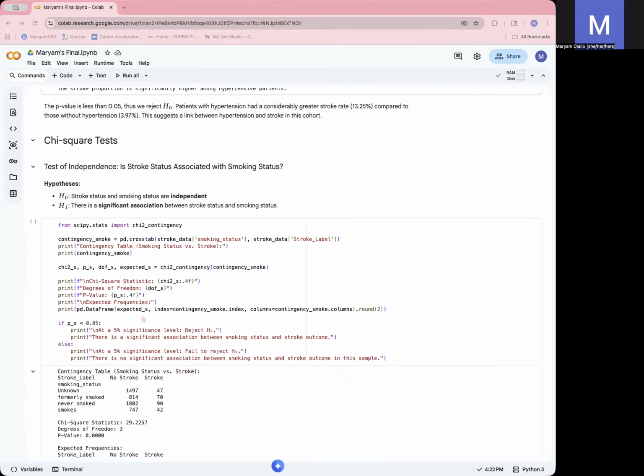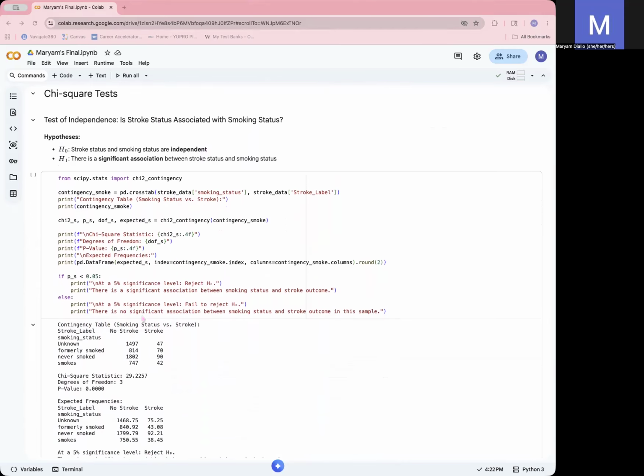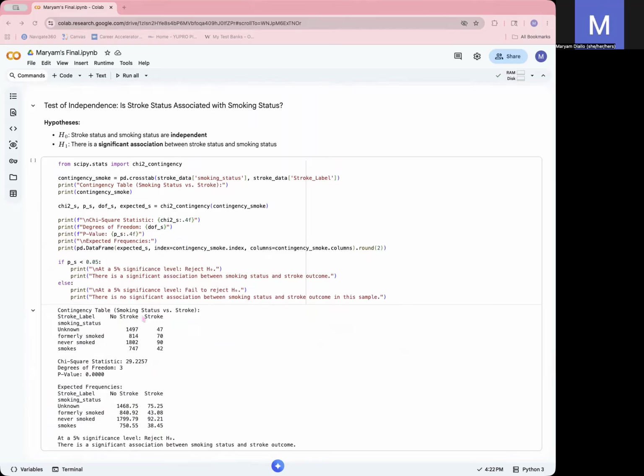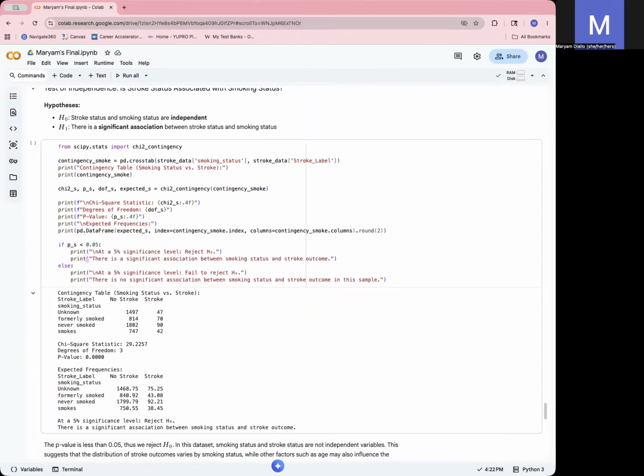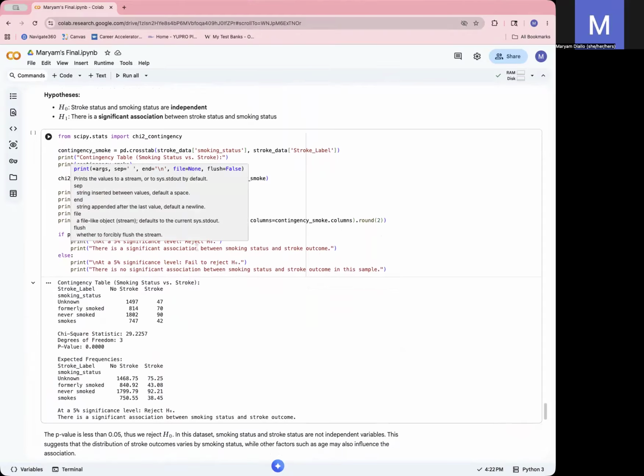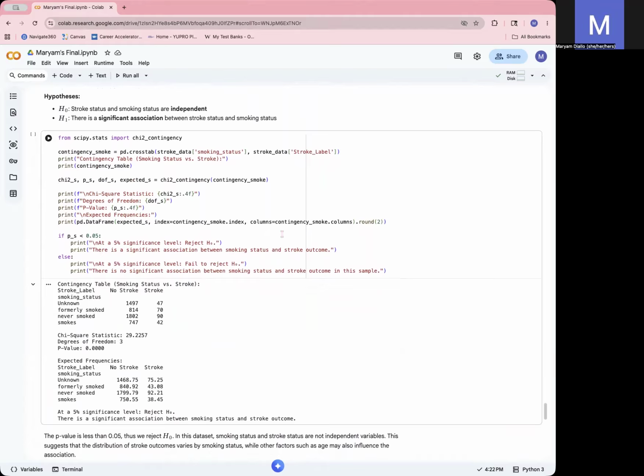I used a contingency table showing the observed counts for each combination of smoking status and stroke outcome. Then I ran the chi-squared test and got the p-value. If p is less than 0.05, then there is a significant association; otherwise there's no significance.